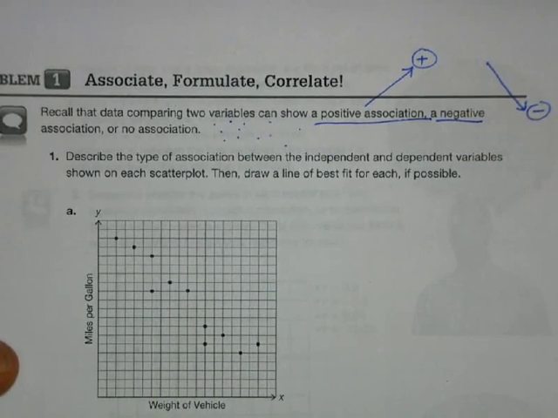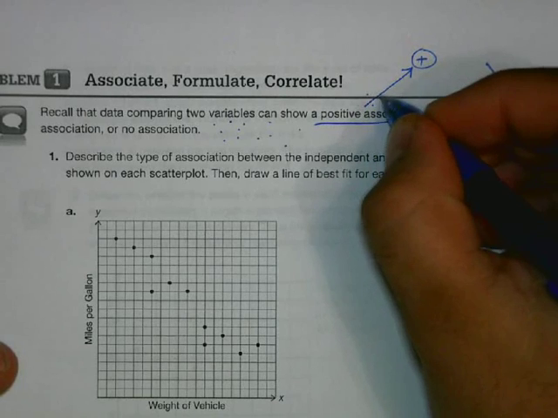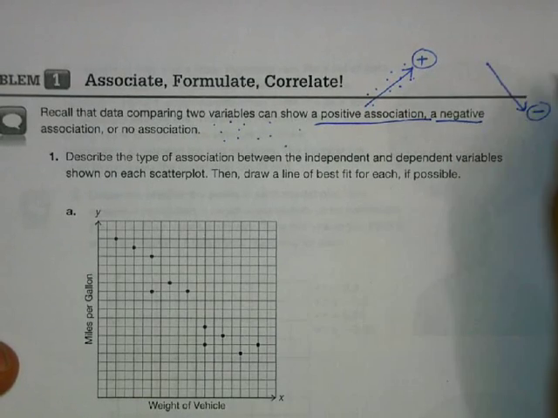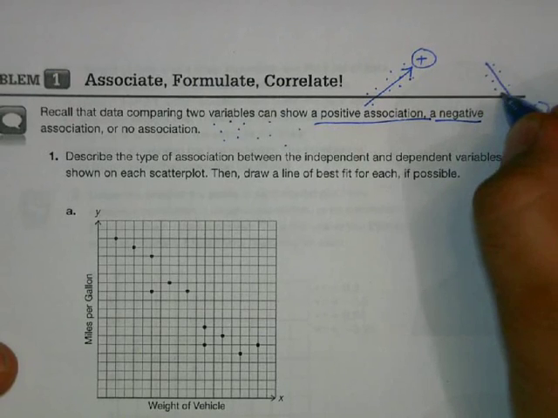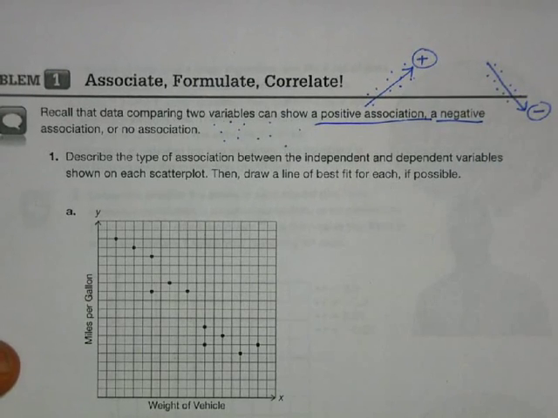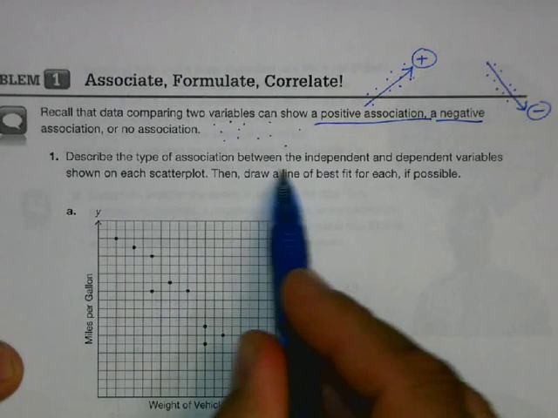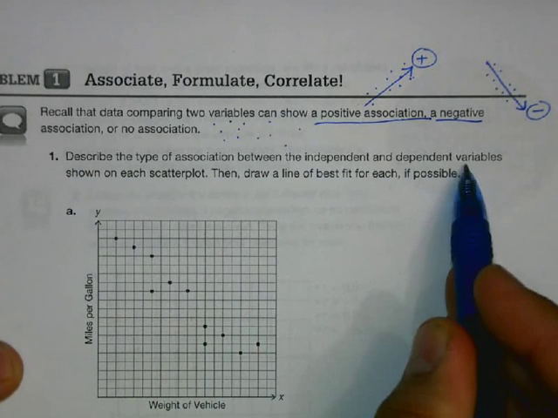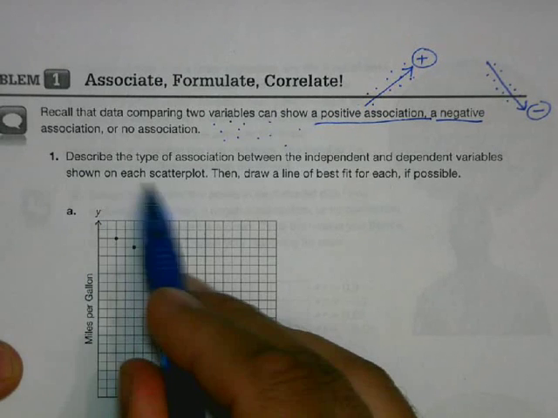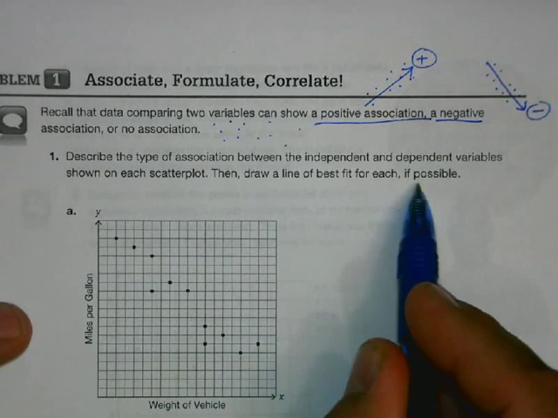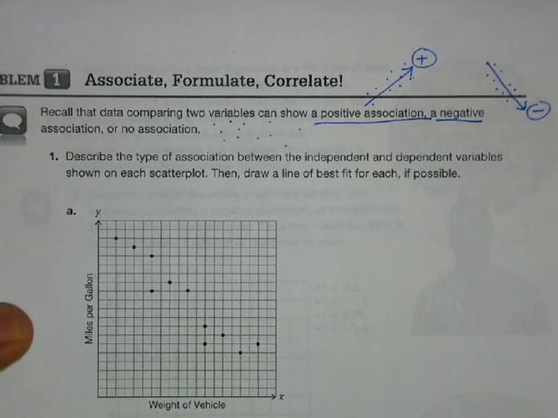Okay, so what we're comparing here, let's see, on the y-axis we got miles per gallon, and on the x-axis we got the weight of a vehicle. Let me move that up a little bit. So if we try to do a line of best fit, maybe about right there.